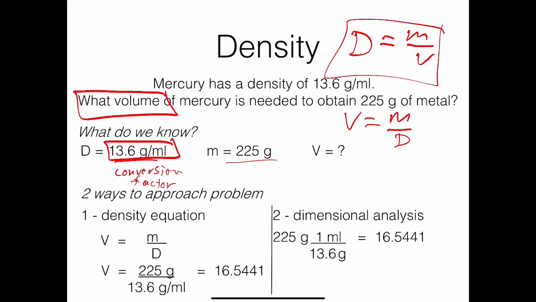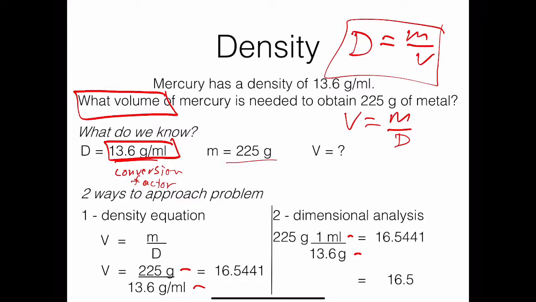At this point, since I was asked to solve for volume, I am in units of milliliters, so I can stop and I can answer my question. And you'll notice these answers are the same, 16.5441 in both cases. I'm doing exactly the same math: 225 divided by 13.6, and in this problem, again, 225 divided by 13.6.